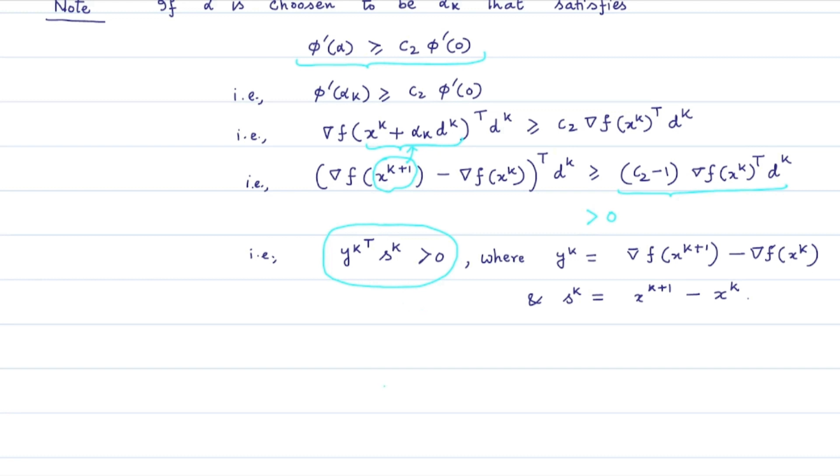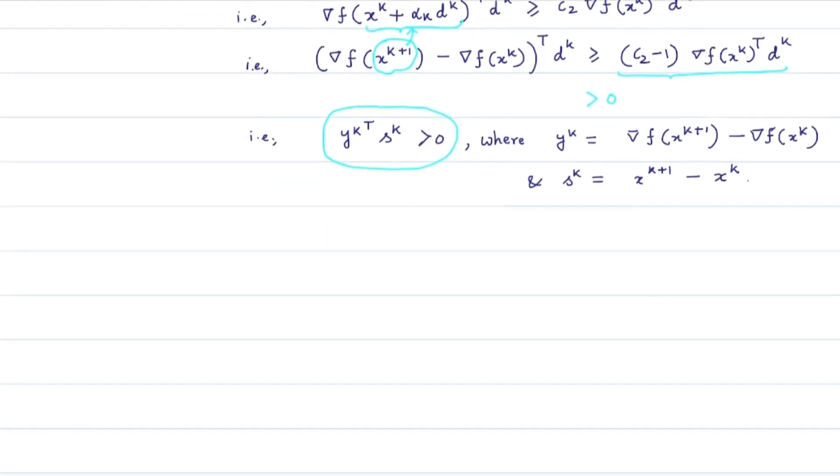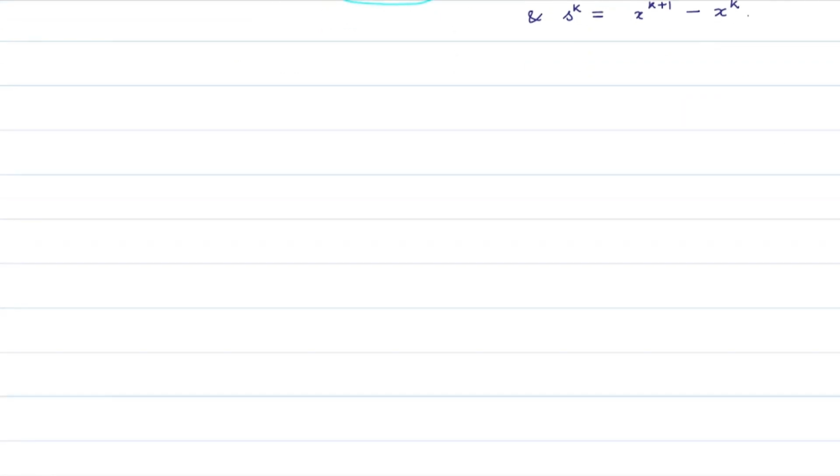So to make the popular BFGS method well defined, we can employ this rule, which possibly was first considered by a great optimizer, Wolfe, and hence it is known as the Wolfe rule. In the next inexact line search rule, we consider the Armijo rule together with this Wolfe rule. As these two conditions were also considered extensively by a great optimizer, Powell, we name this inexact line search 3 rule the Wolfe-Powell rule.